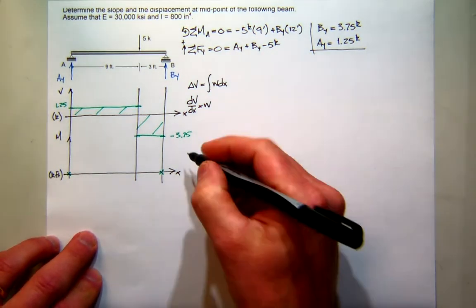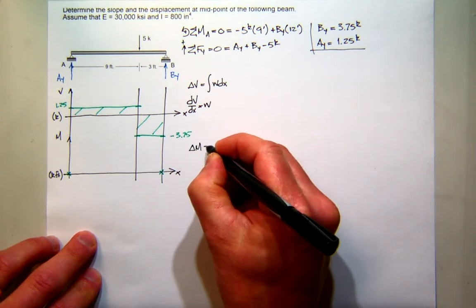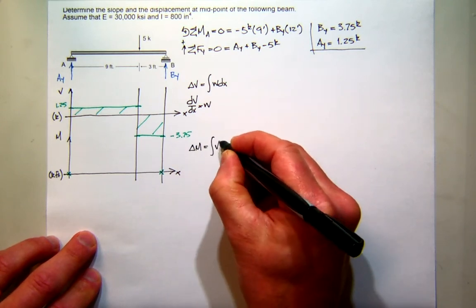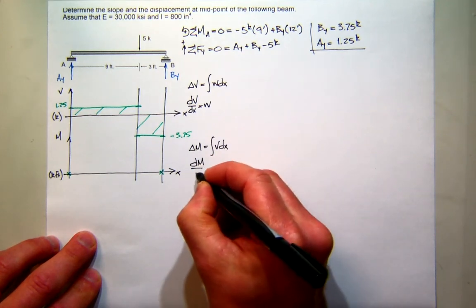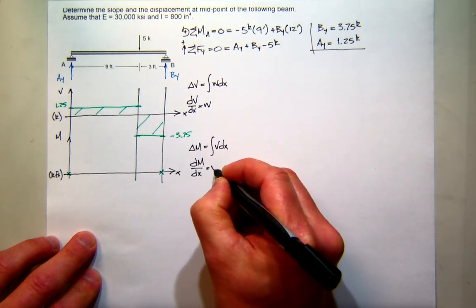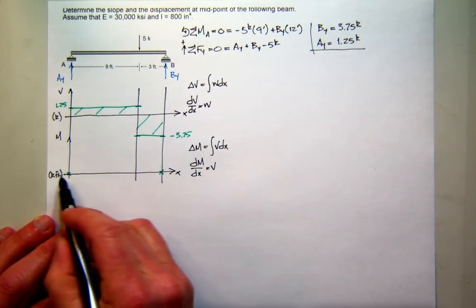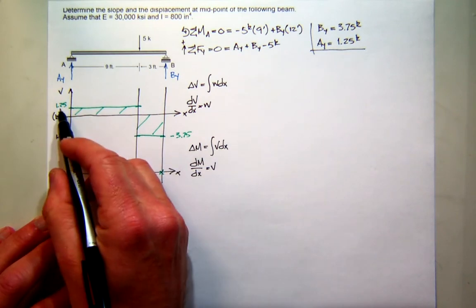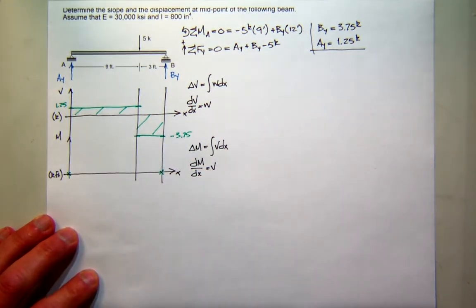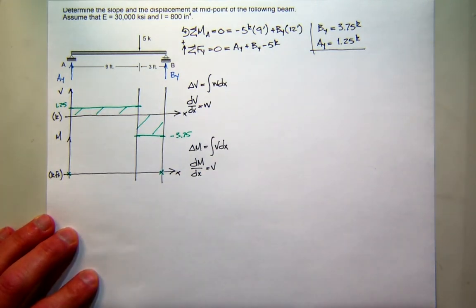Now don't forget our relationships, that the change in moment is the area under the shear diagram, and that the slope of the moment curve is equal to the shear. So let's start first. The change in moment over these first 9 feet should be the area under the shear diagram, which is 1.25 times 9. What was that, 11.25? And that's positive, so we go up to 11.25.